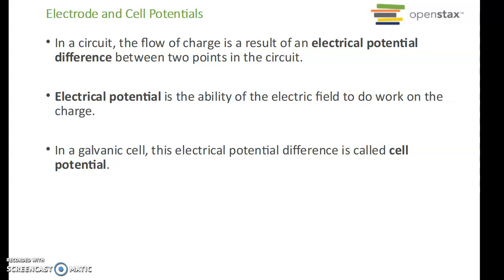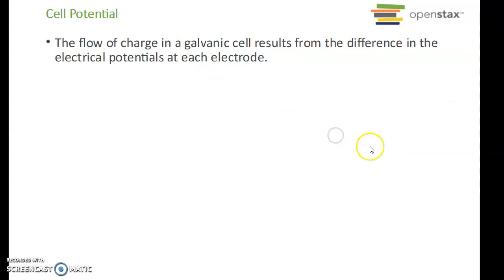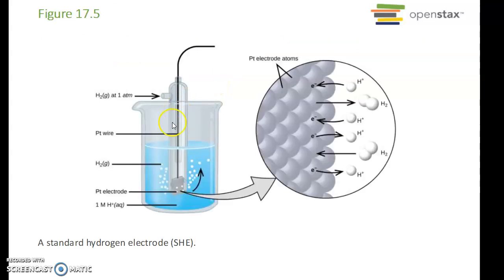Electrical potential is the ability of an electric field to do work on a charge. In the galvanic cell, this electrical potential difference is called the cell potential, okay? So electrical potential is the voltage you're going to see, and that's going to be the cell potential. The flow of electrical charge results from the difference in the electrical potentials at each electrode. Okay. So we're going to stop there and continue during the next section.